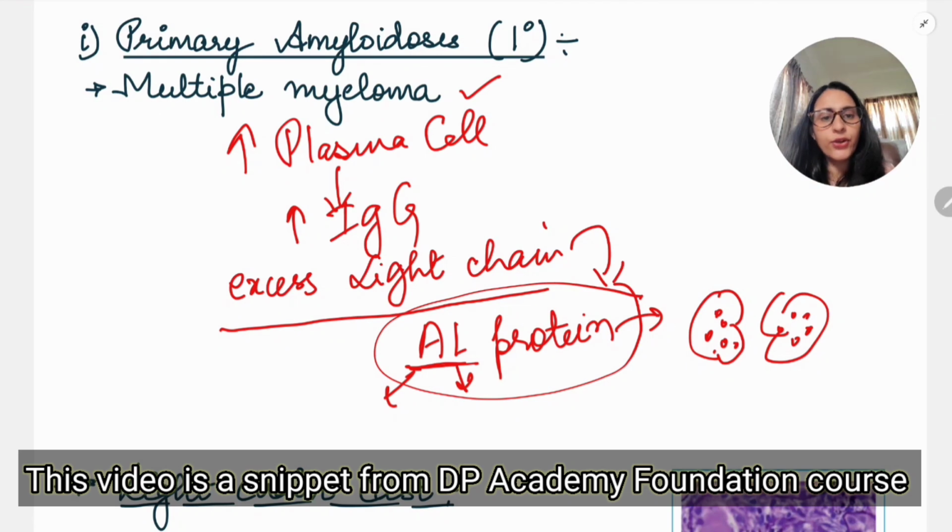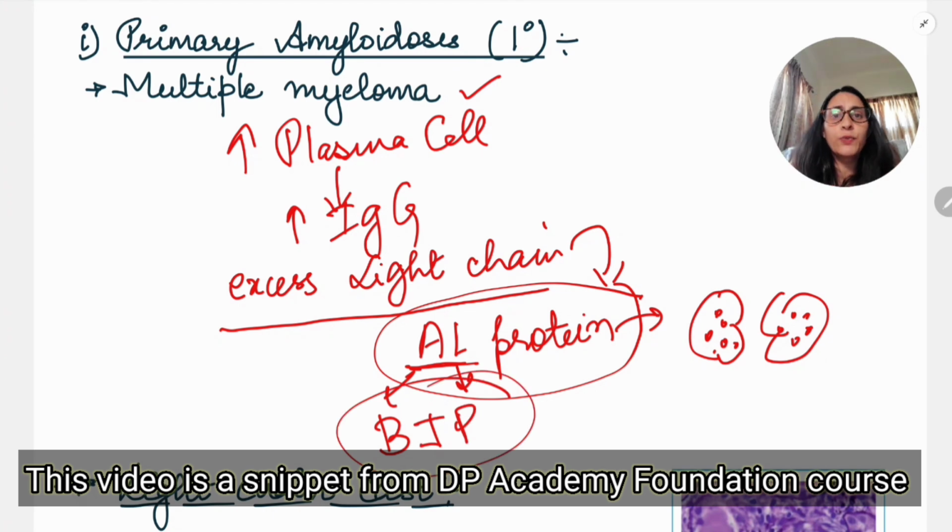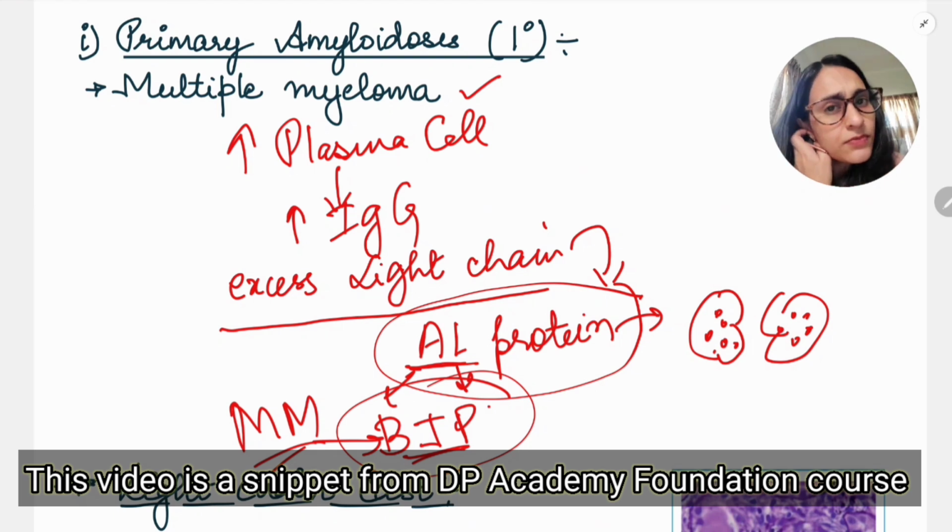These proteins are known as Bence-Jones protein. Remember, in multiple myeloma, in the urine, we see Bence-Jones protein. So BJP, Bence-Jones protein, is seen in MM, multiple myeloma. Bence-Jones proteins are nothing but those AL proteins that are excreted in the urine.